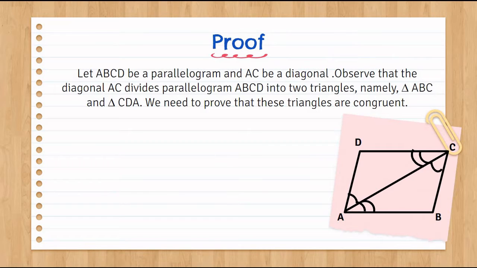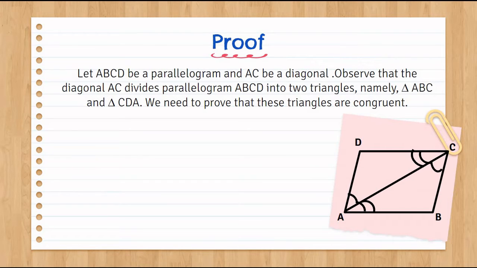Let ABCD be a parallelogram, as you can see here, and AC be a diagonal. Observe that diagonal AC divides parallelogram ABCD into two triangles, namely triangle ABC, the lower one, and triangle CDA, the upper one. We need to prove that these triangles are congruent.